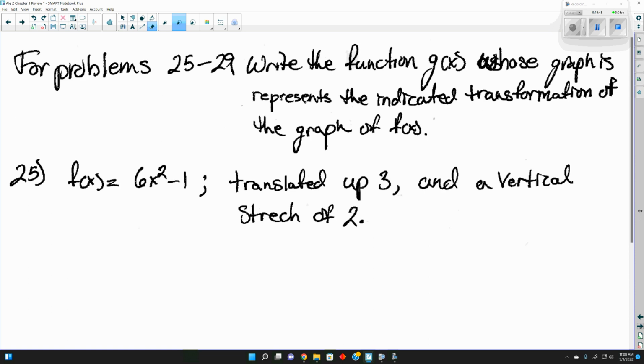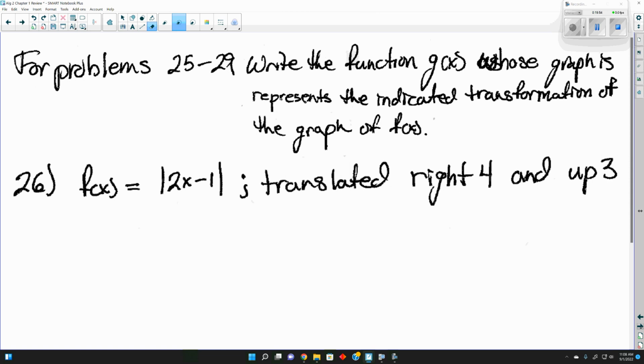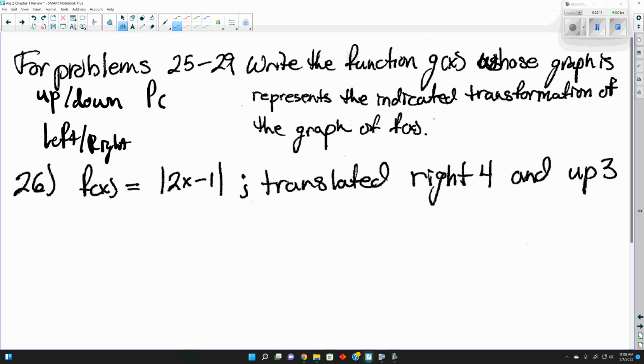25 through 29, which one do we want to look at? 26. With these here, there's only two movements that it's going to deal with, up or down, or left or right. Up and down, our general form is f of x plus k.